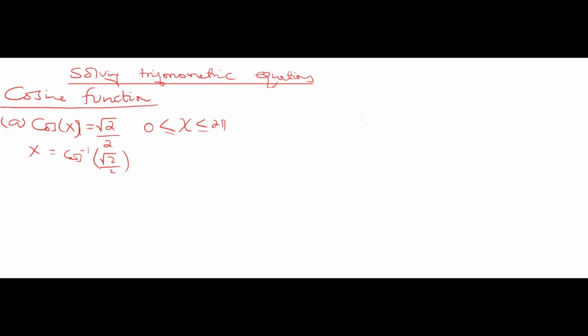So that's going to be pi over 4, or 5 pi, no, 7 pi, it has to be 7 pi. That's going to be the fourth quadrant, 7 pi over 4.